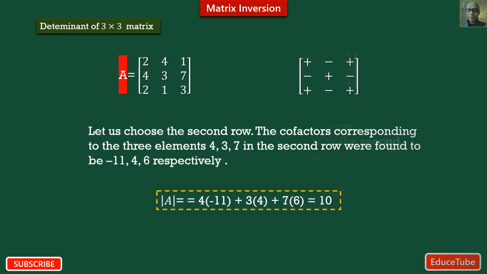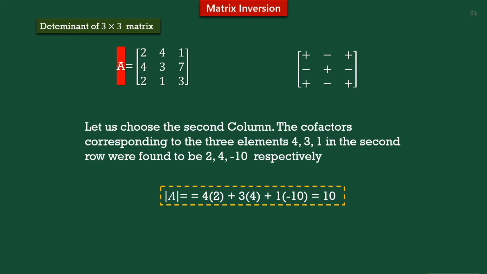We'll check by considering the other one. What is that? The second column. Same way, these three elements 4, 3, 1, and in the previous adjugate matrix we had these values in the same column.